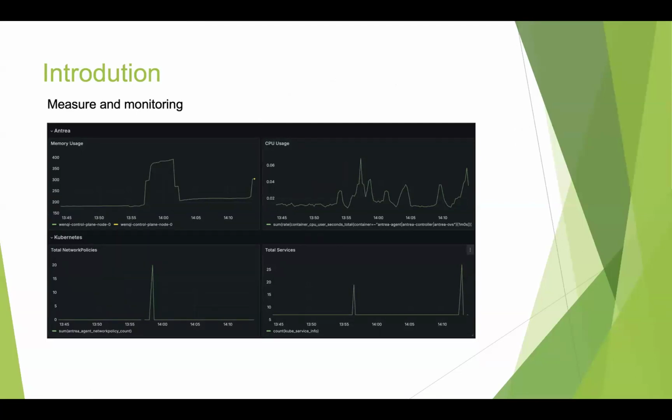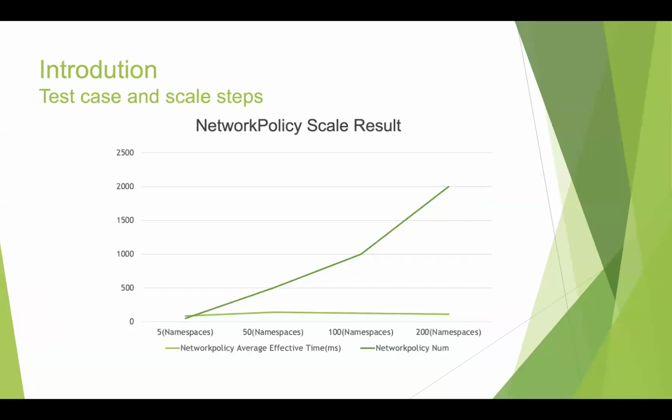Hi, Wenjie. I have a small comment on the metrics you listed for the two test cases. Can you turn to that page? You mean this page? Yes. I see the net policy number is just a reference, right? However, it looks like it's not a straight line. I guess it's only because the intervals of the points are different. Some are 45, some are 100. So the line is not straight.